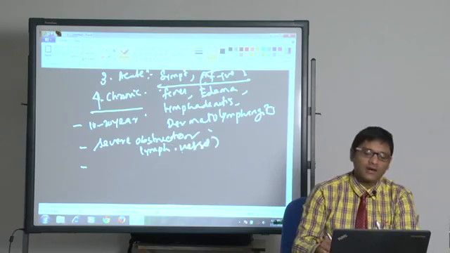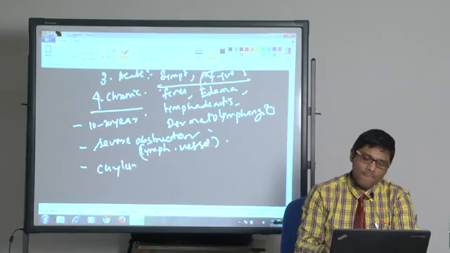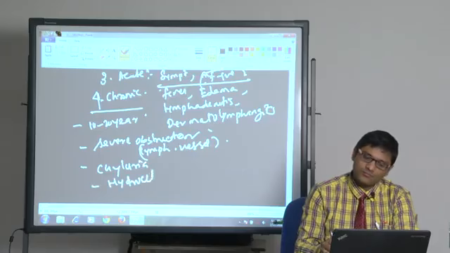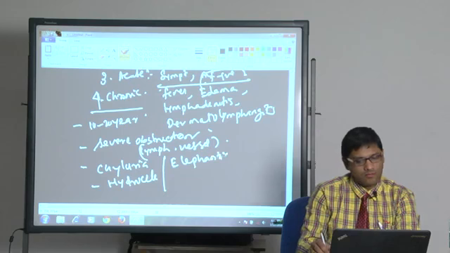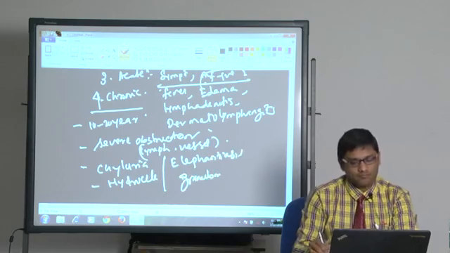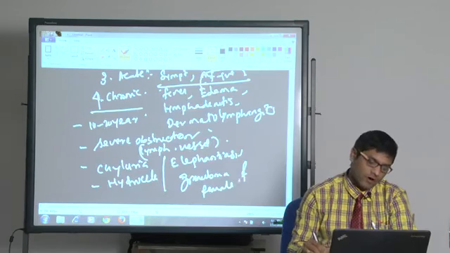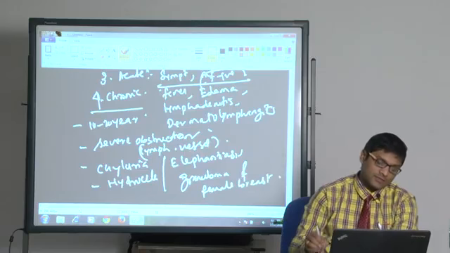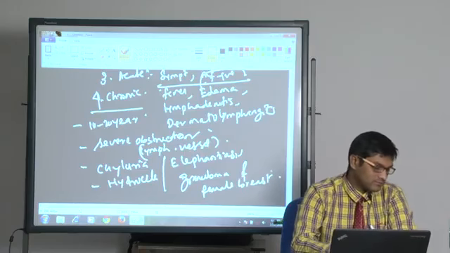The occlusion of the lymphatic vessel leads to various manifestations like chyluria, hydrocele, elephantiasis, granuloma of the female breast. So all these are specific manifestations of chronic filariasis.